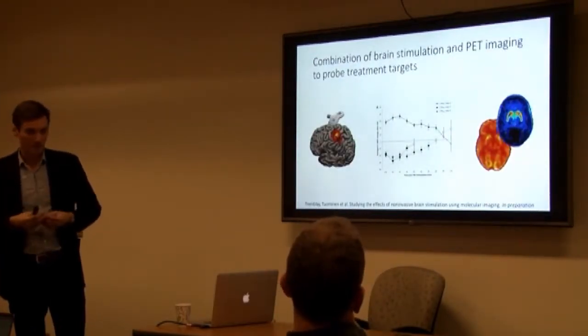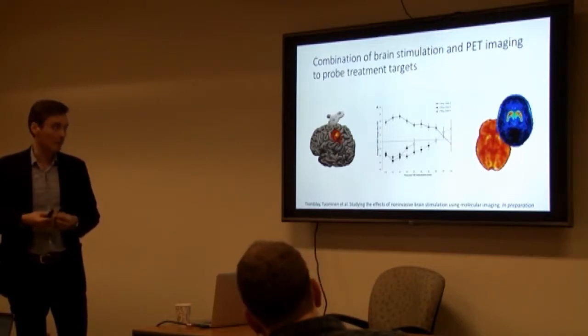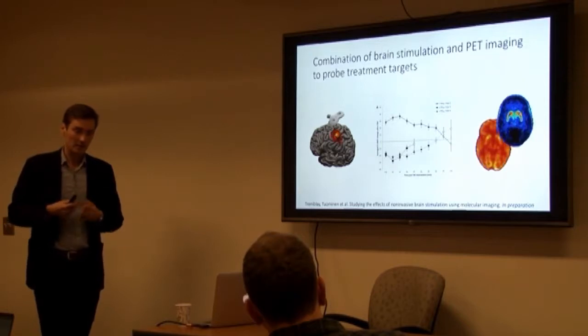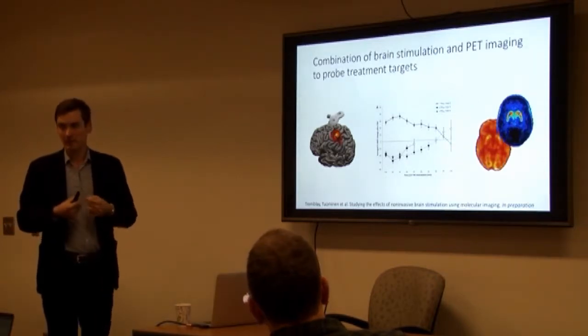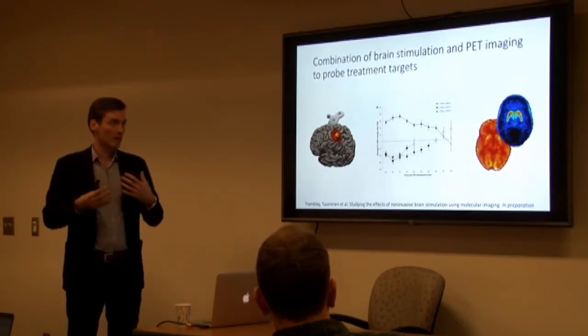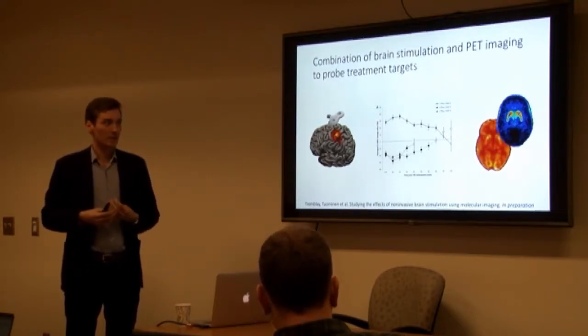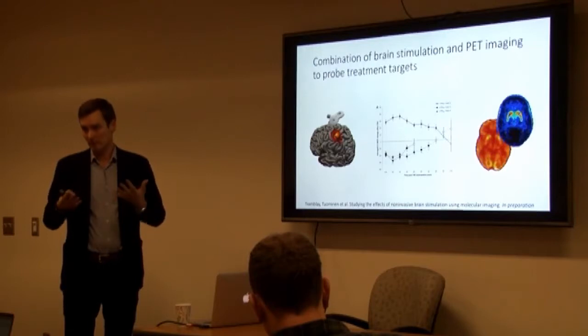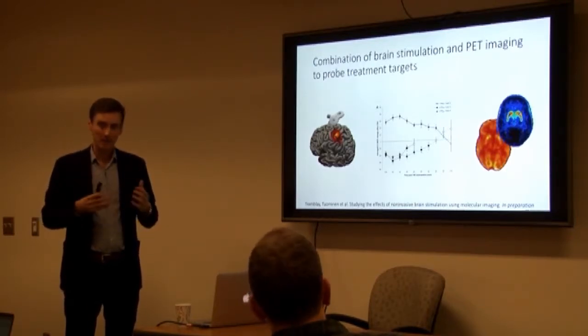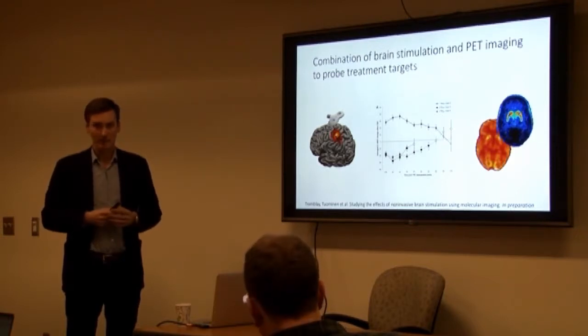And neuroimaging, particularly PET imaging, offers us an opportunity to measure brain function during stimulation or after stimulation. So a combination of these techniques could be used to probe different targets and see whether we can achieve the desired change in brain activity.